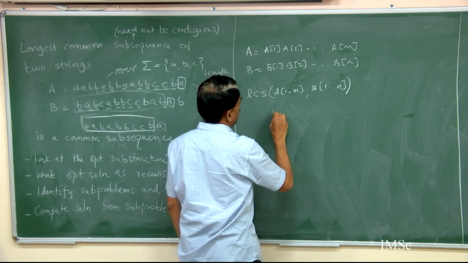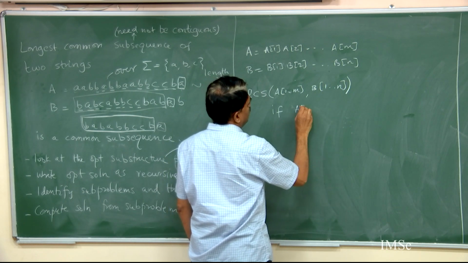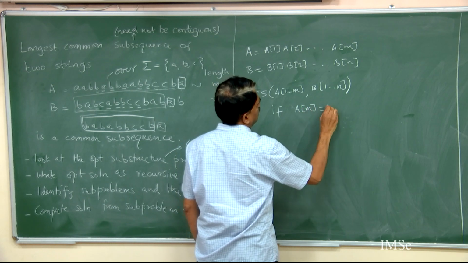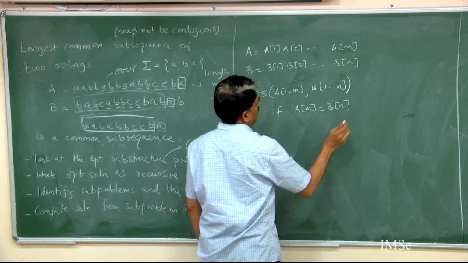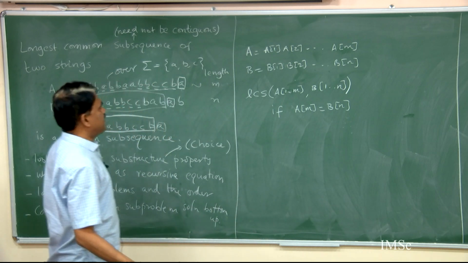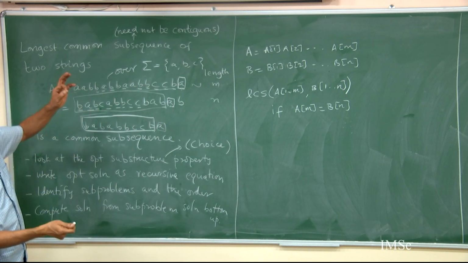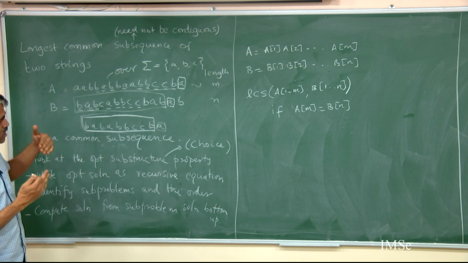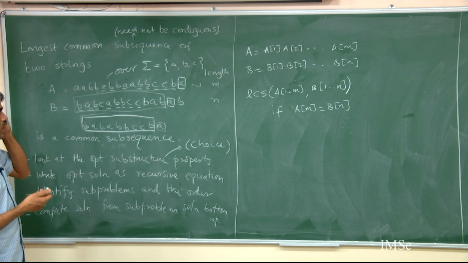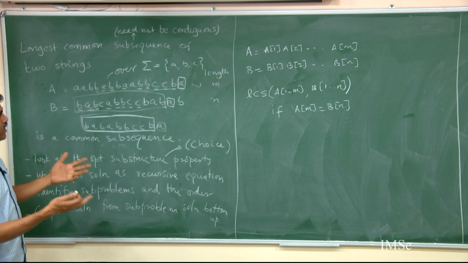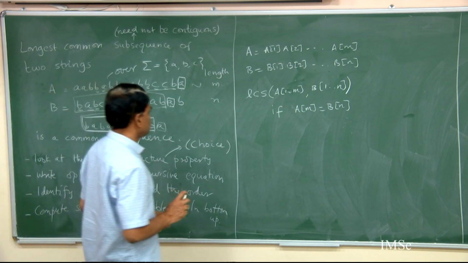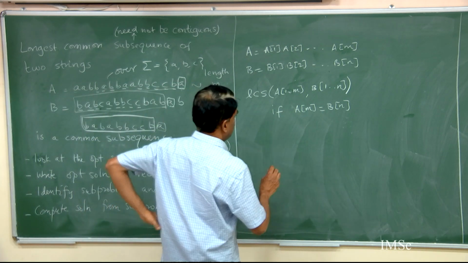Then if Am is equal to Bn, then you better take it. Without loss of generality, you can say the optimum will contain these two characters, because if it does not, you can add it.